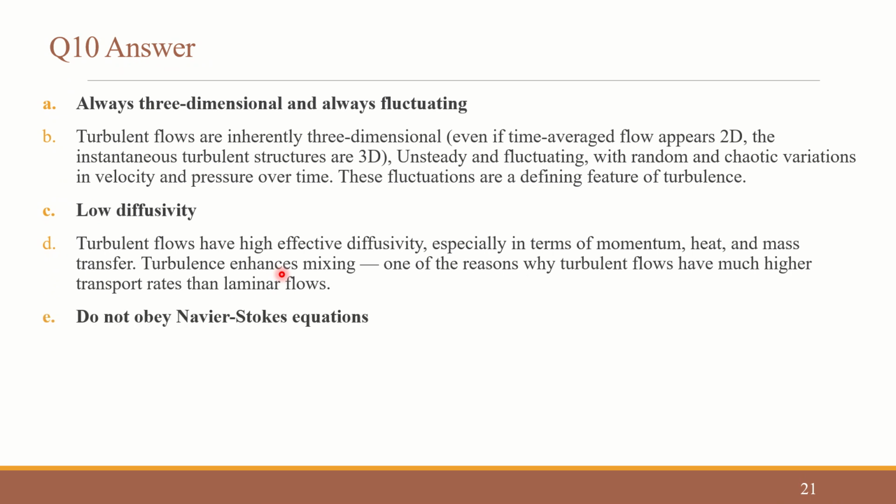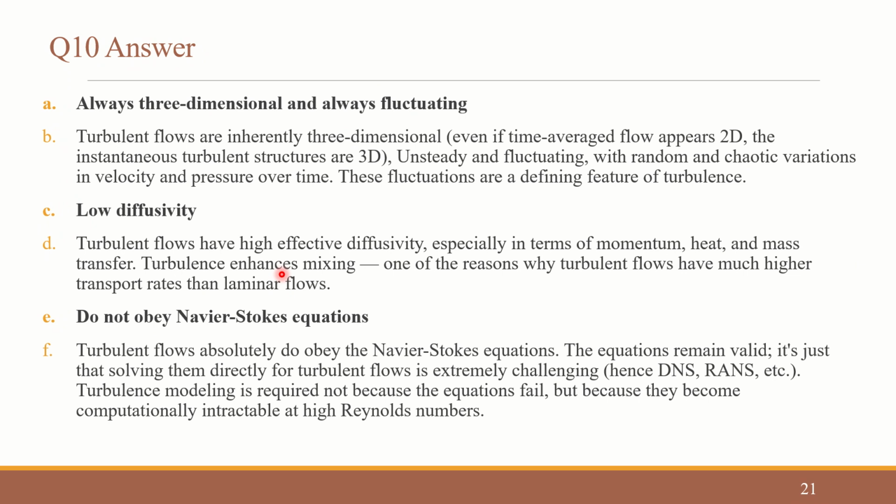Third one, they do not obey Navier-Stokes equation. Again, this is a false interpretation. Turbulent flows absolutely do obey the Navier-Stokes equation. The equation remains valid. It is just that solving it directly for turbulent flows is extremely challenging.